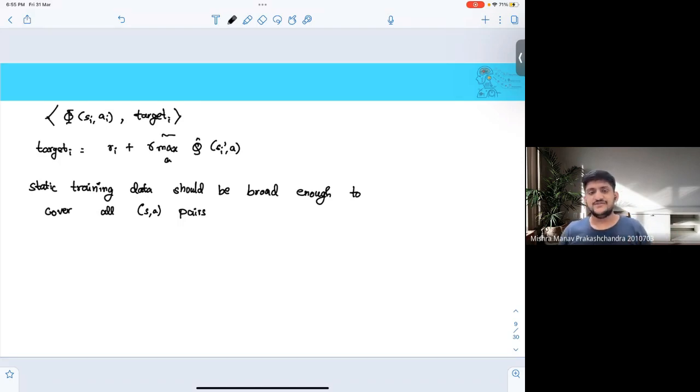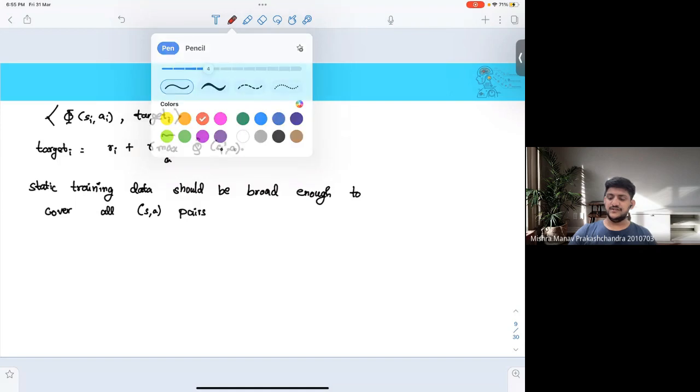So in that sense, what we need to do is make some kind of an approximation to generate the target. One way to approximate the target, or rather that particular Q function, is to make an approximation of the Q function, right?